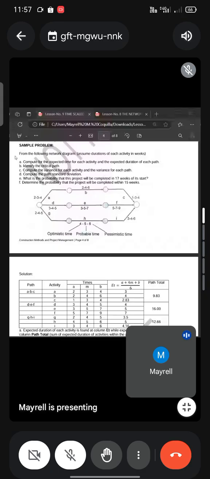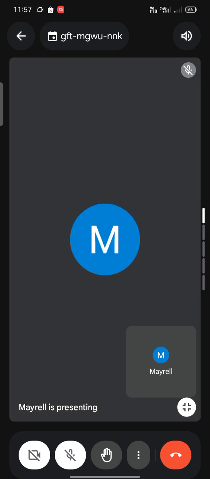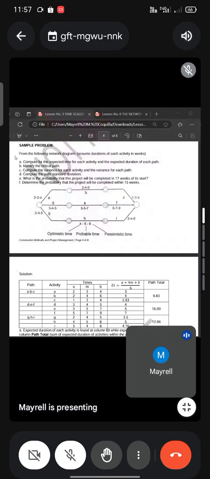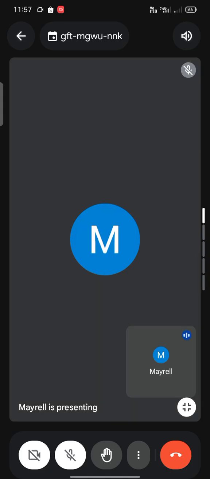Then compute the variance of each activity and the variance of each path. Compute the path standard deviation. What is the probability that this project will be completed in 17 weeks of its start? And determine the probability that the project will be completed within 15 weeks.